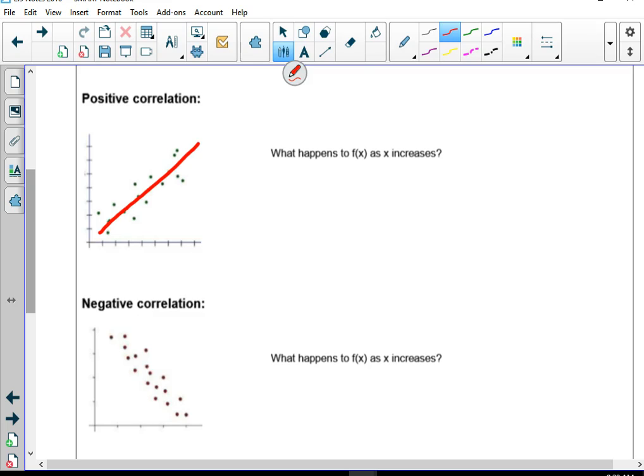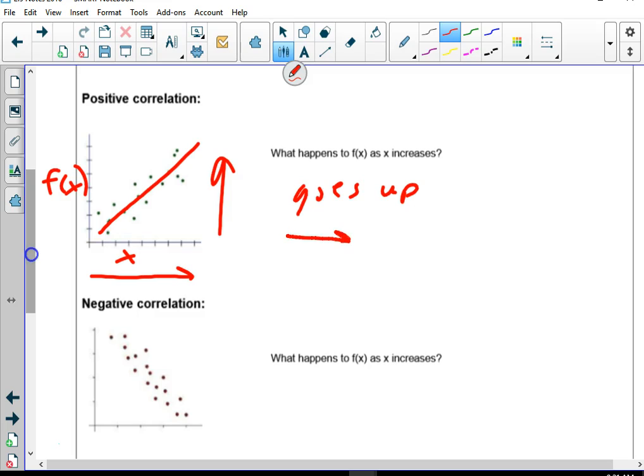Increasing. So what happens to y as x increases? As x increases, y increases. Okay, it goes up. In other words, as we go right, it goes up.